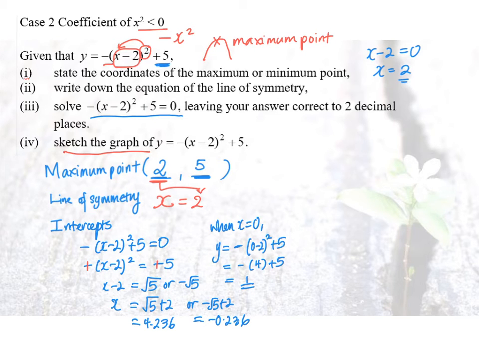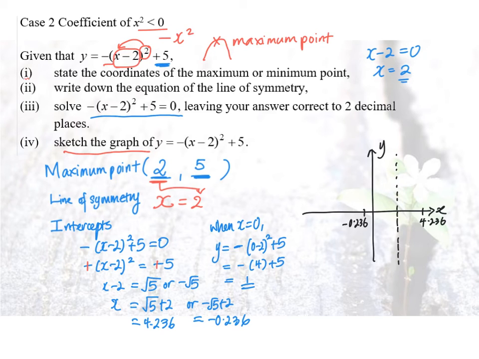Now let's do our sketching. In this case, we normally always have a cross axis. So we'll start from something like this. Now let's plot our x-intercept first. Negative 0.236. And the other one is 4.236. Draw something a little bit more proportionate.